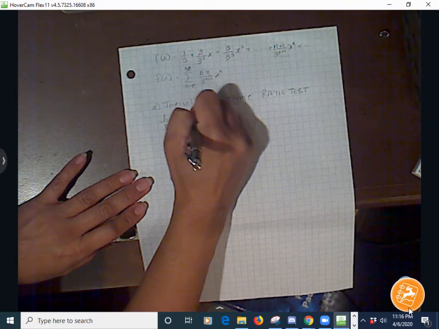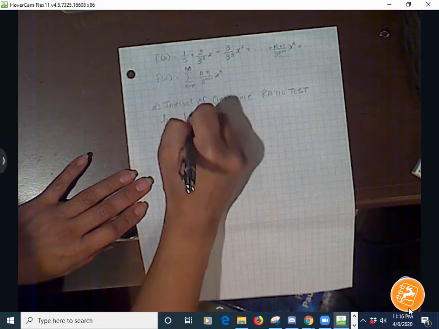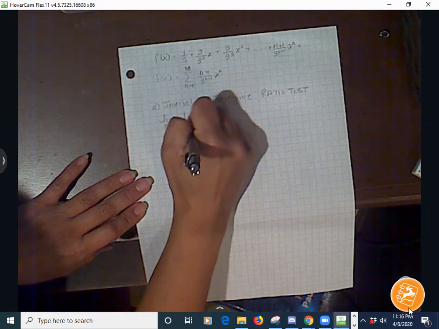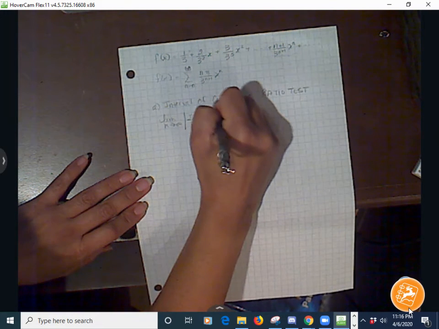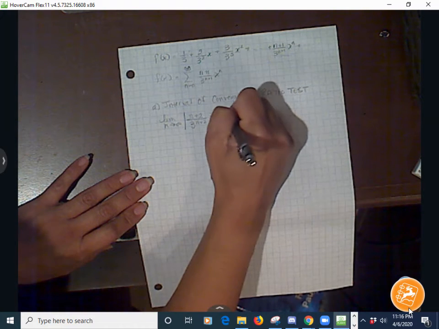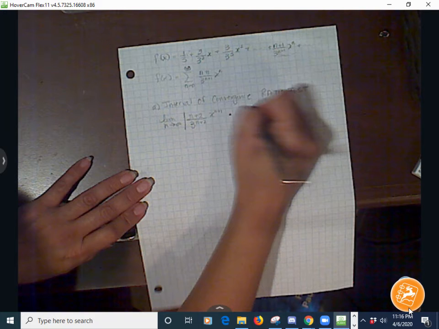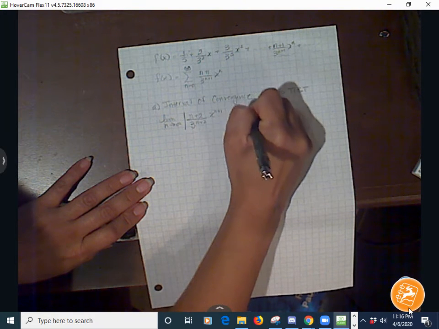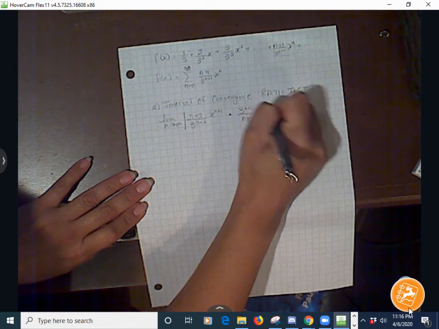Okay, of the n plus 1 term, so that's going to be n plus 2 divided by 3 to the n plus 2 times x to the n plus 1. That is the n plus 1 term times the reciprocal of the nth term, which would be 3 to the n plus 1 divided by n plus 1 x to the n.